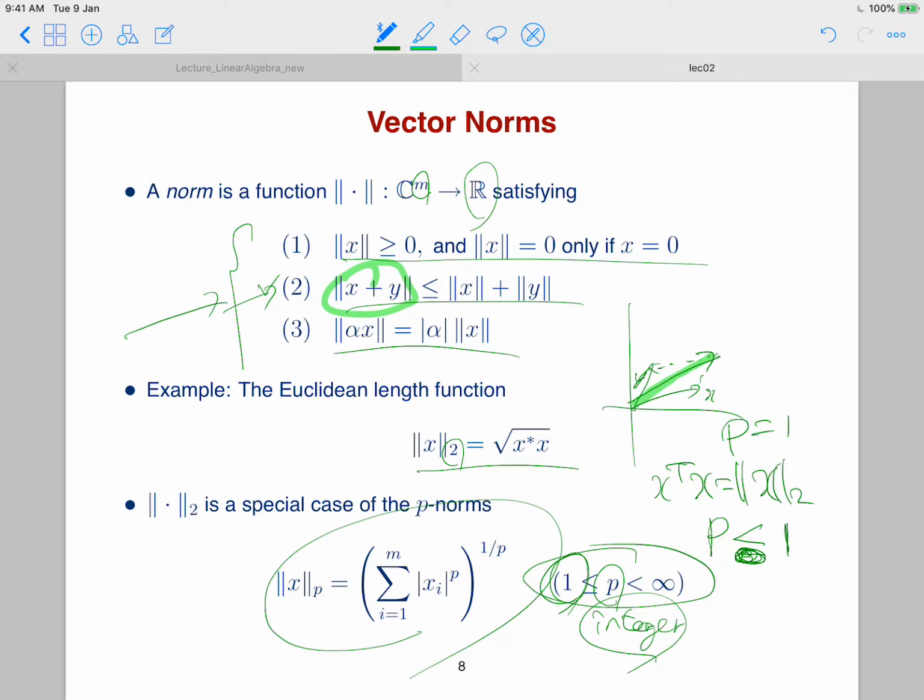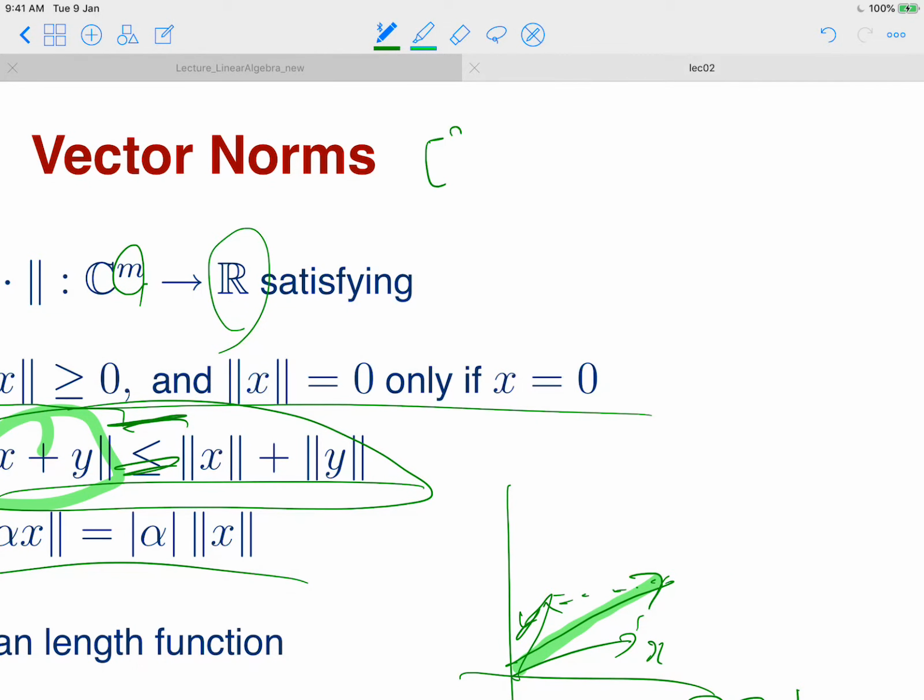In the case of P being 1, that is actually at the borderline, which means this triangular inequality actually becomes an equality. So yeah, let's verify that, like 3, 1, 2, 4.